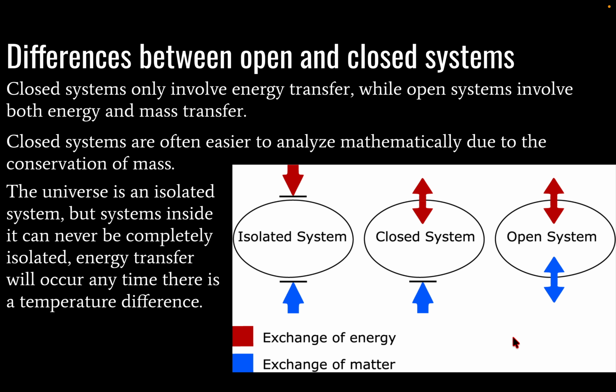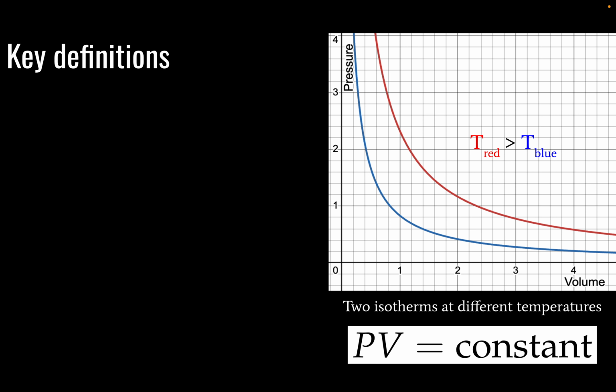The universe is an isolated system, but inside the universe, our systems can never be completely isolated. Energy transfer is going to occur wherever there's a temperature difference, and you can find those pretty much everywhere. So we're mostly going to deal with closed systems, but you do need to know these definitions.